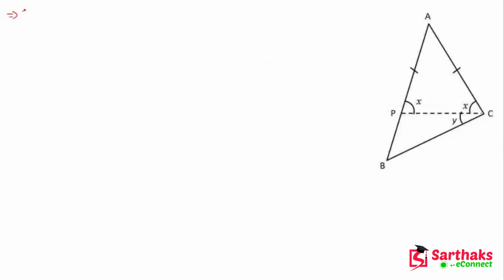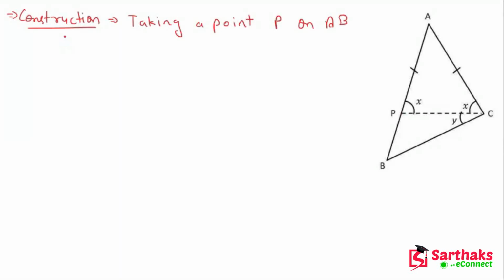So in the construction we are taking a point P on AB such that AP is equal to AC, and then join CP.